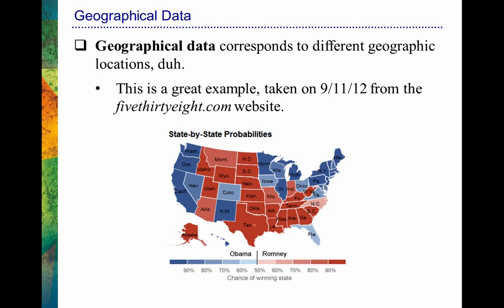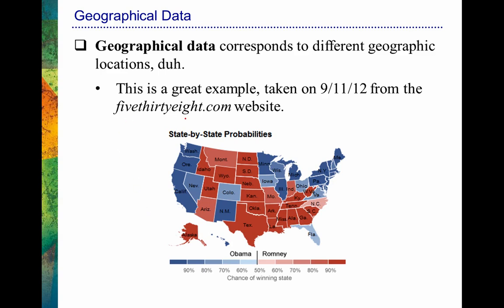So you can see here, Romney is simply going to win Texas. We knew this ahead of time. The probability was very, very high. But Ohio, it was a very close race, although it was leaning toward Obama. So these state-by-state probabilities were able to be expressed to us in this really very easy-to-read geographical map.